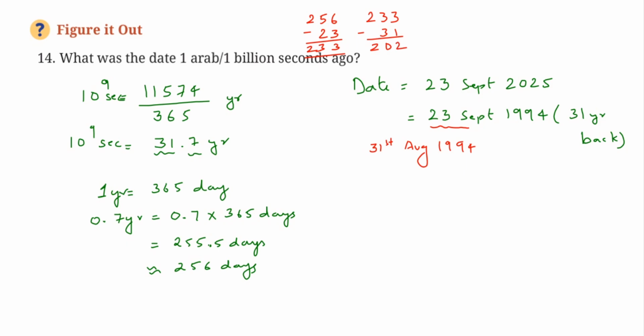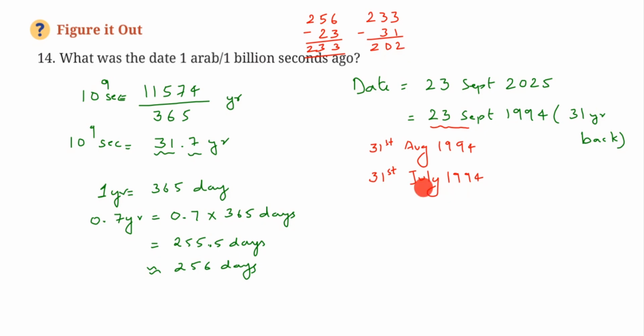When you remove 31 days from August, you get the end of July. And in July, there are 31 days. This means you get 31st July. So we removed 23 days, then we removed 31 days. Now we are at 31st July 1994, and we have 202 days still left to go backwards.